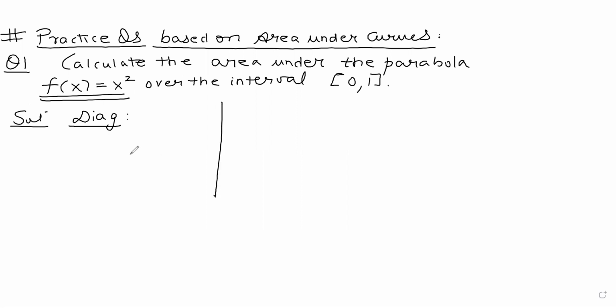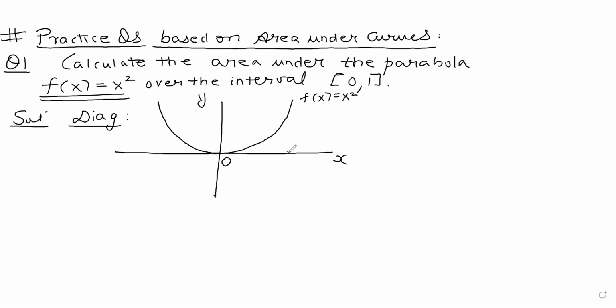So all students can see on their screen, this is x-axis, this is y-axis. If I plot f of x equal to x square, it is going to look like this. Okay, but we want to find the area as x goes on from 0 to 1.